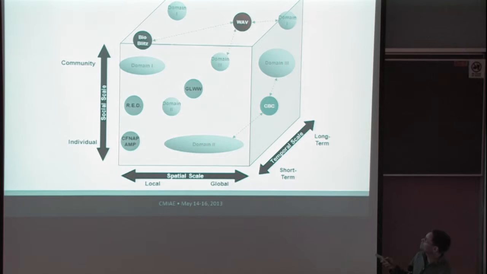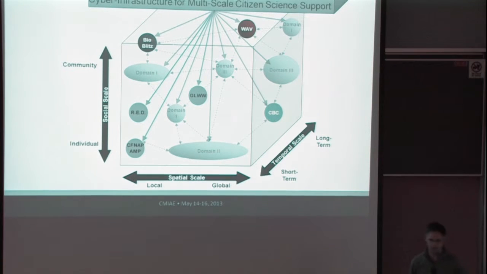These projects operate at small and large spatial scales, short and long time scales, and they tend to be silos, collecting their data and going about their business. But what might it look like if we start interacting with each other and saying, hey, I too am measuring pika, like in the Columbia River Basin?